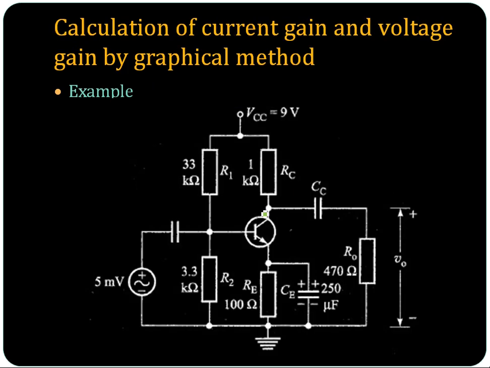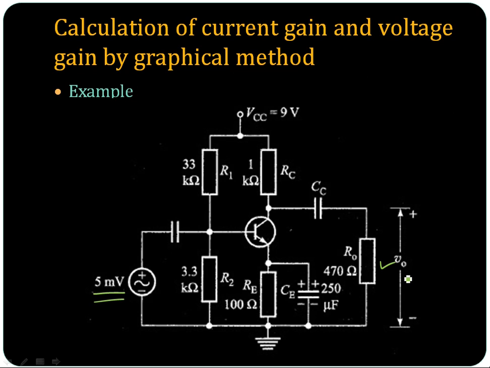For that, consider this example. These are the values of R1, RC, R2, RE, R0, and this 5 millivolt is the input signal. The output is taken across this R0, and that is V0.